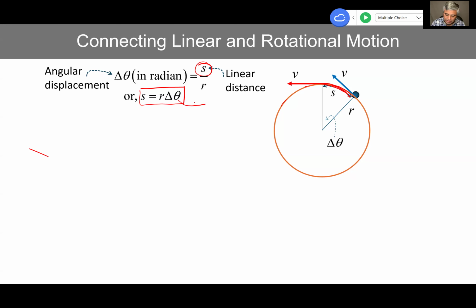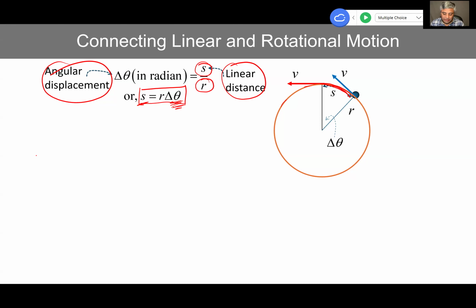So this is the linear distance, this is the angular displacement, and this is the radius at which the point is moving, okay? This is one equation that relates the linear quantity with the angular quantity. This is in the formula sheet.